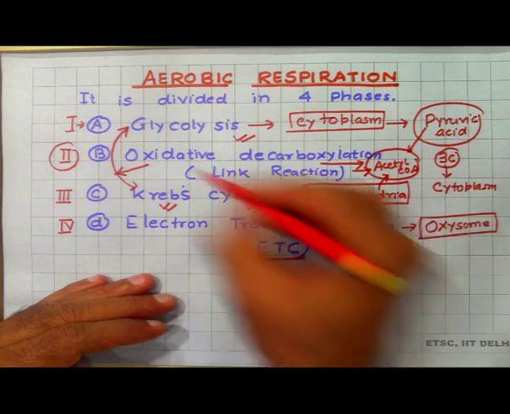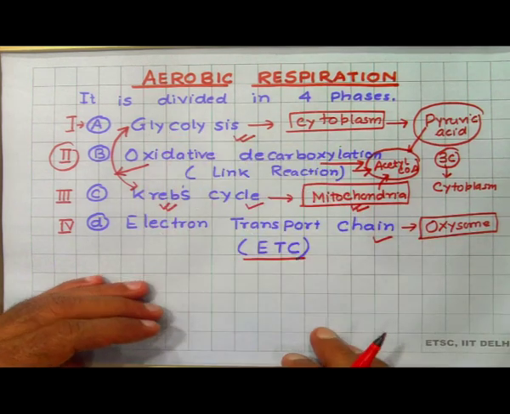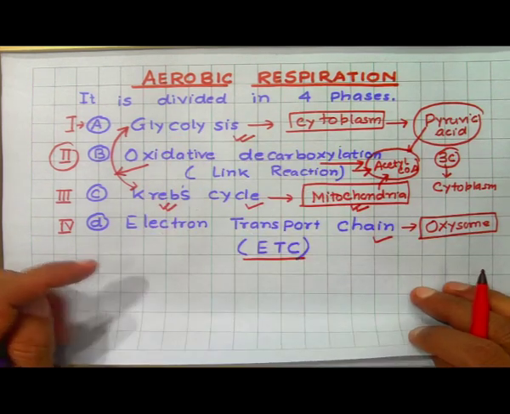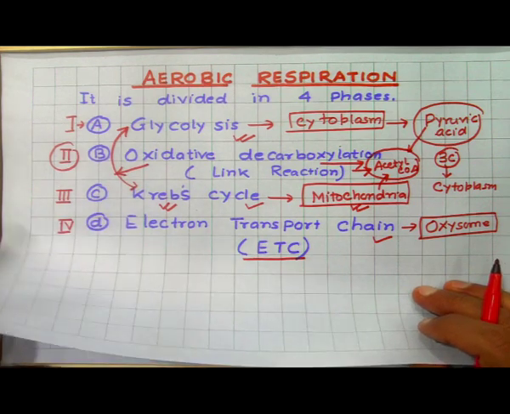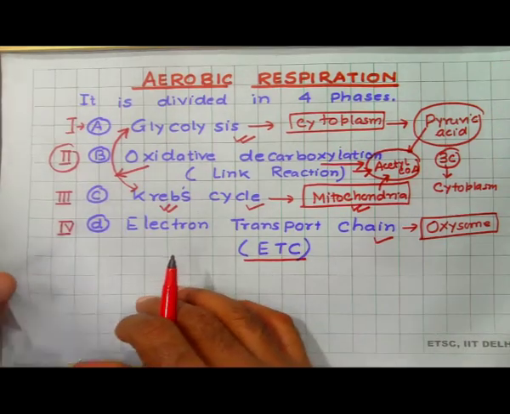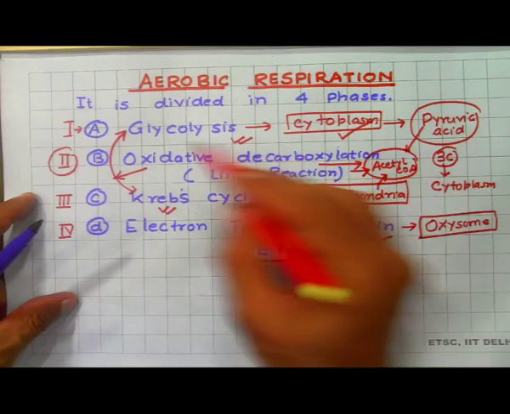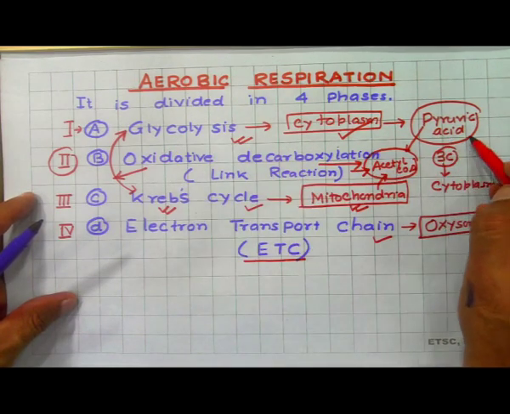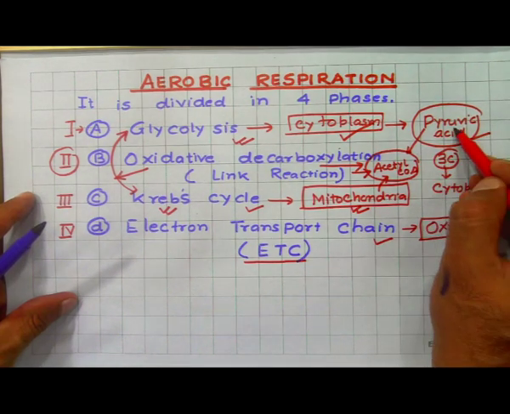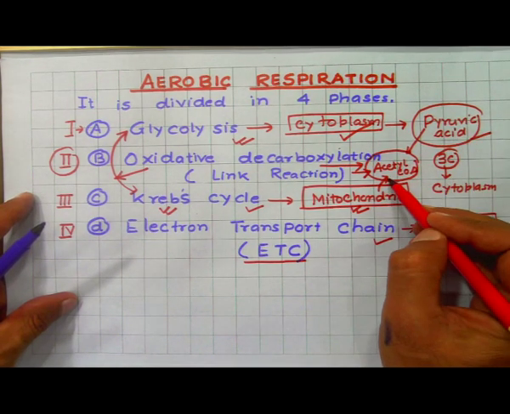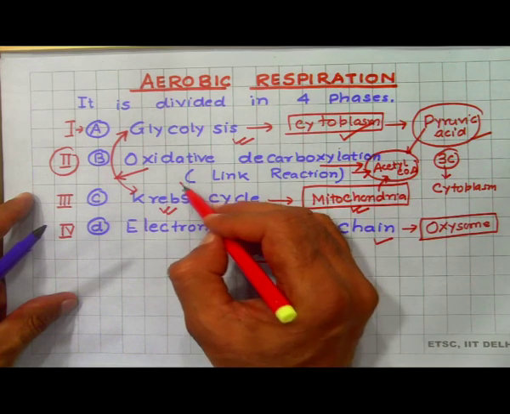So, these are the 4 steps which are involved in aerobic respiration and their sites. Glycolysis in cytoplasm, where the glucose molecule is converted into pyruvic acid. This pyruvic acid is converted into acetyl coenzyme, called link reaction.